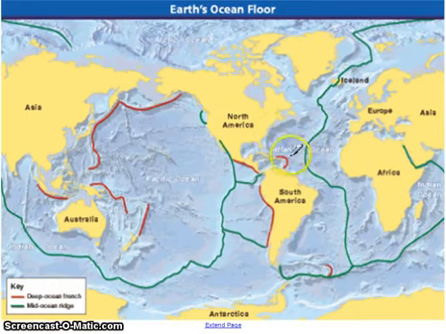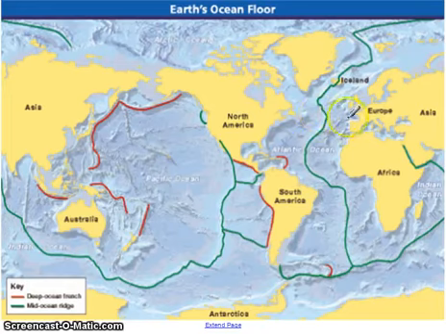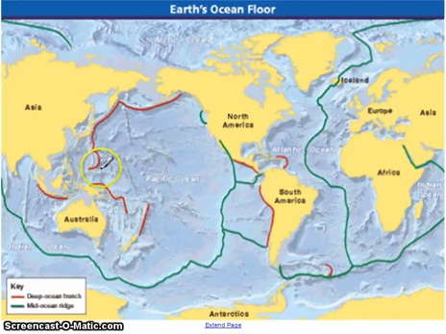And because there are very few deep ocean trenches here, the Atlantic Ocean is expanding about as fast as your fingernails grow. On the other hand, the Pacific Ocean has quite a few deep ocean trenches.